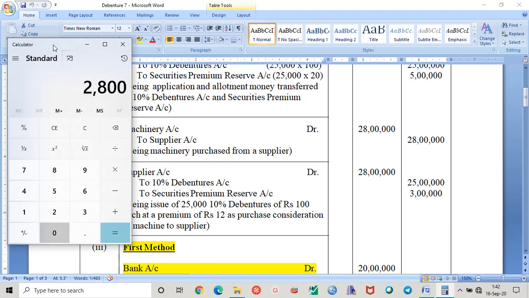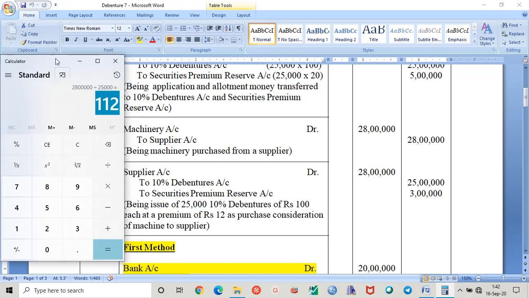So 28 lakh should be paid. Now divide it by the number of debentures that you possess. What is the amount it is coming? It is coming 112, right? So this 112 contains both face value as well as the premium value. 100 rupees is the face value and this 12 is the SPR money.